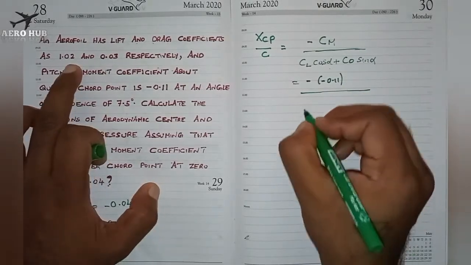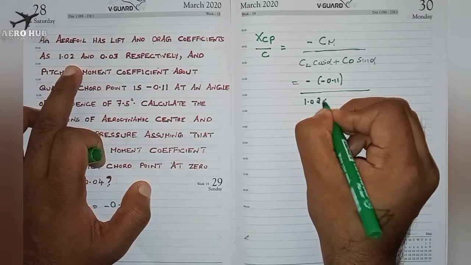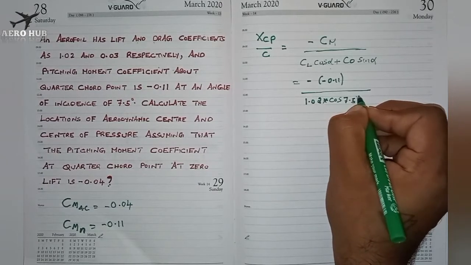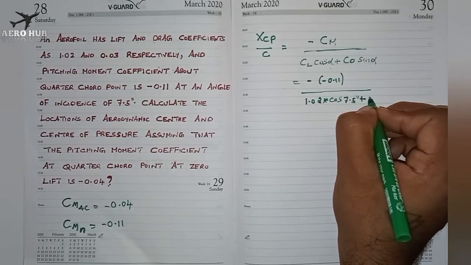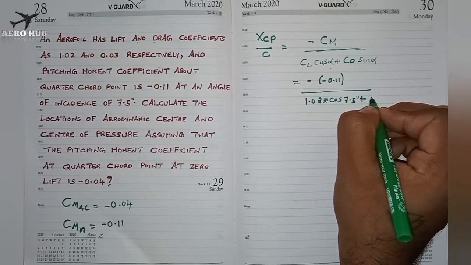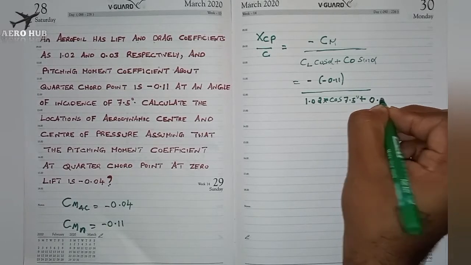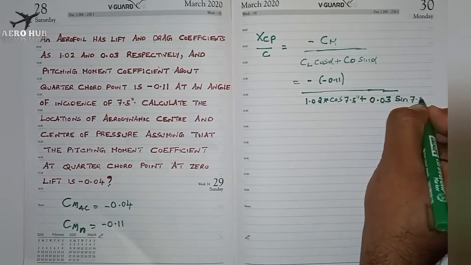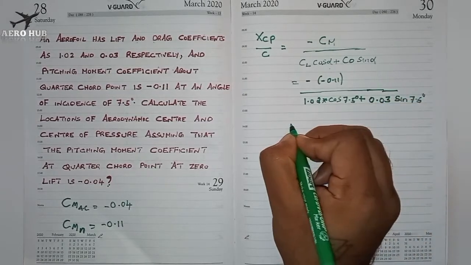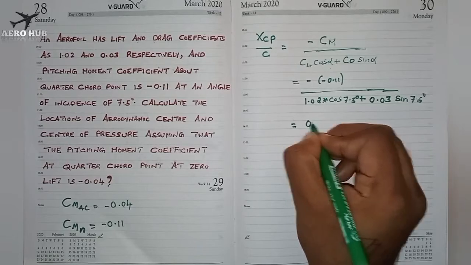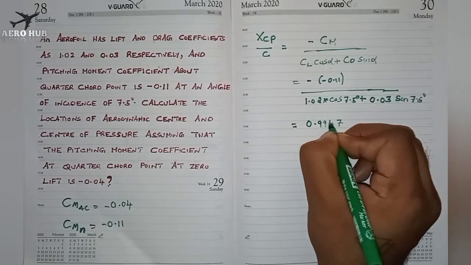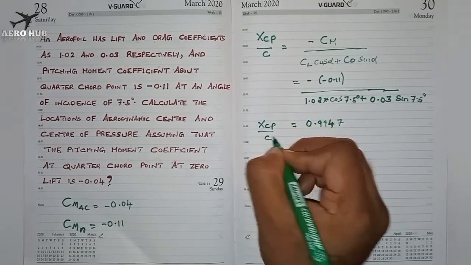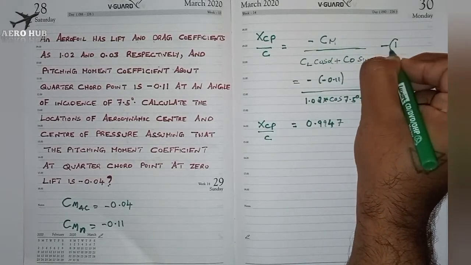CL is how much here? 1.02 into cos 7.5 degree plus CD is 0.03 sin 7.5. Okay, so I'll be getting an answer of 0.9947. This is the value for center of pressure. This formula we used in the previous problem.